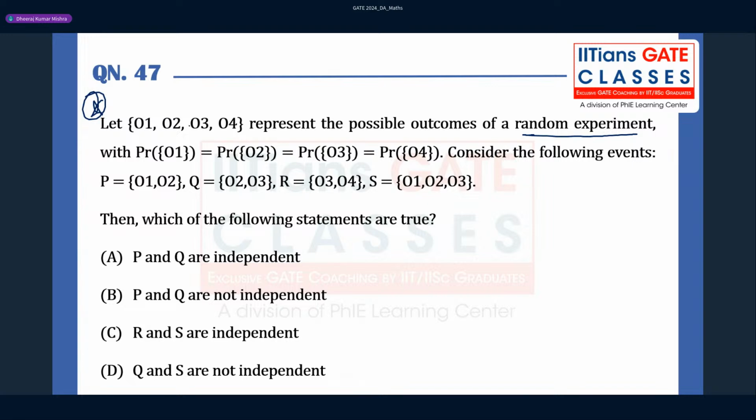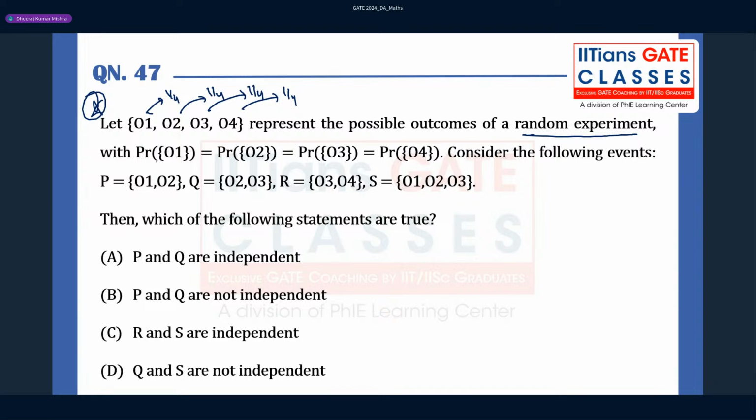So there are 4 outcomes, and the probability of each outcome is going to be 1 by 4, because they are equally likely. The probability of this one is 1 by 4, of this one 1 by 4, of this one 1 by 4. This is the property you must understand.